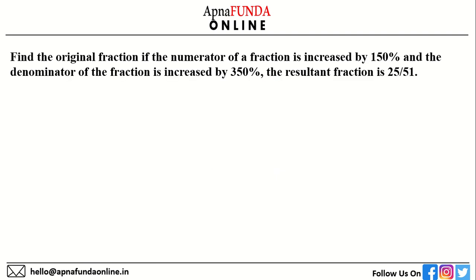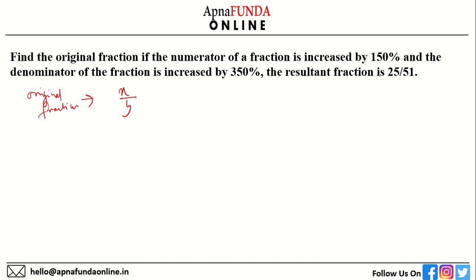Find the original fraction if the numerator of a fraction is increased by 150% and the denominator of the fraction is increased by 350%. The resultant fraction is 25 by 51. So let the original fraction be x by y.